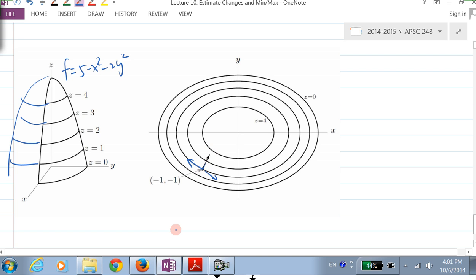Because you want an increase in the function f. So when you're going this way, you will have an increase in the function f. So that's a geometric explanation there.